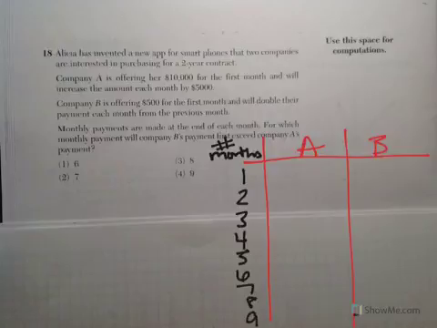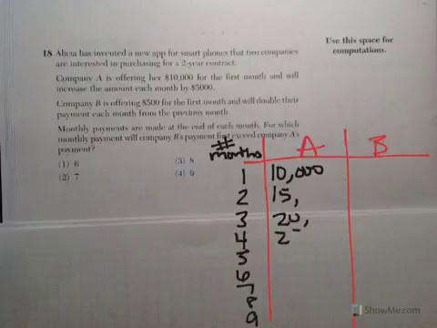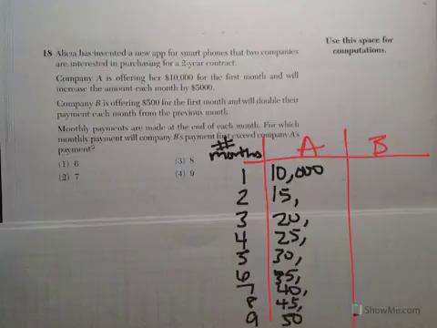Okay, so Company A, we'll start there. Well, we'll start with 10,000. Each time we're going to increase by 5,000, so we'll have 15,000, then we'll have 20,000, 25,000, 30,000, 35,000, 40,000, 45,000, and 50,000.